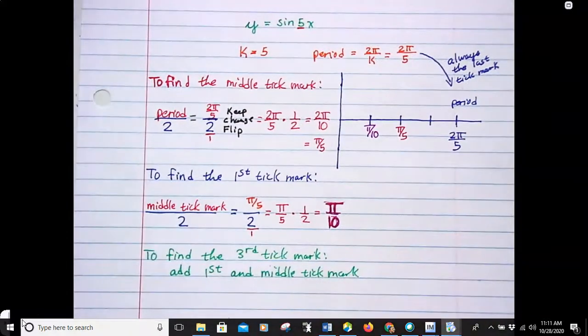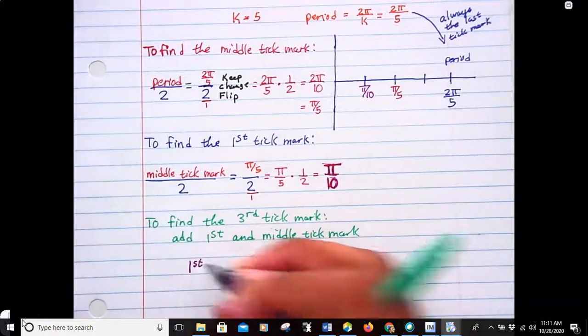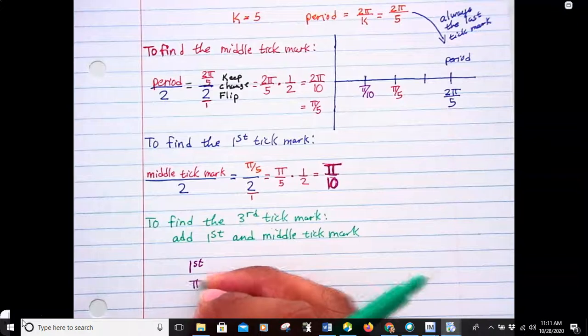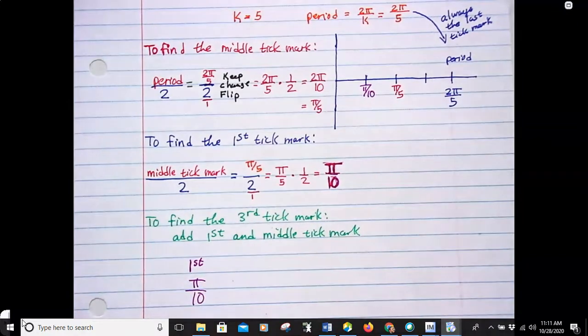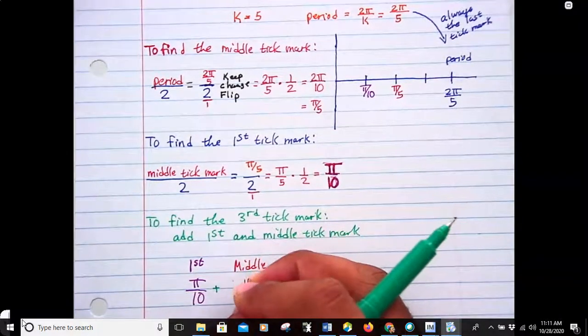So again, we're going to have to remember how to do this. Our first tick mark is pi over 10. We're going to add our middle tick mark, which is pi over 5, together.